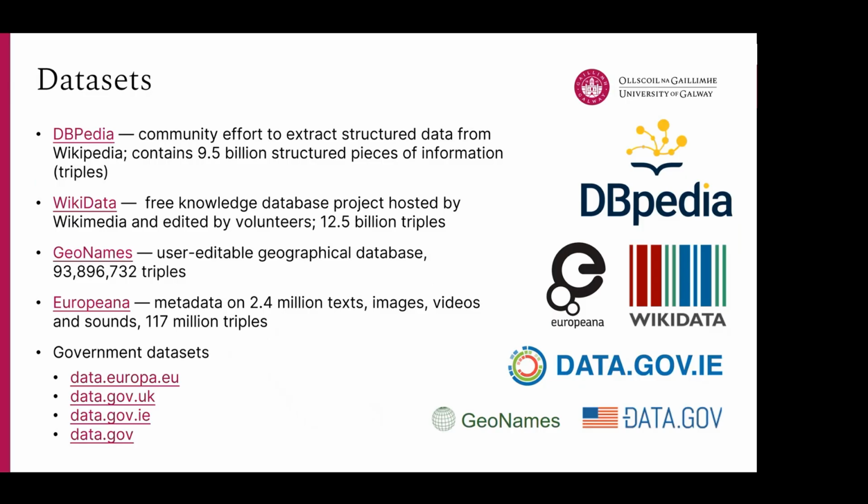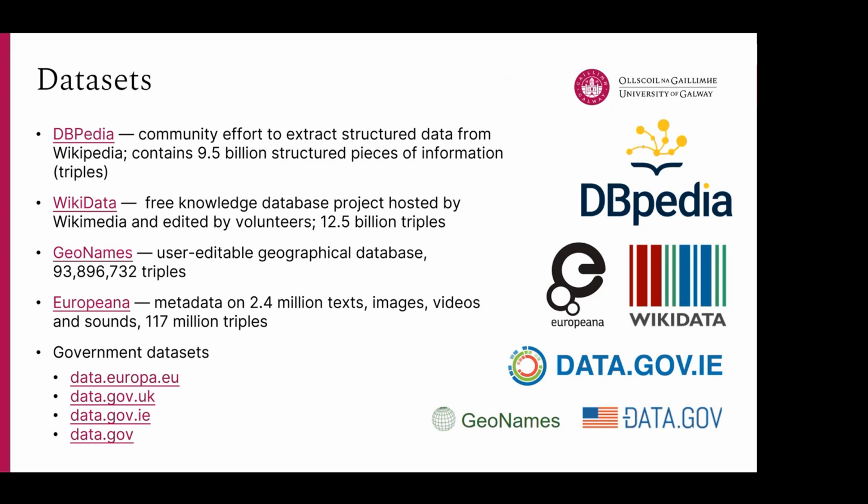So a few important data sets of linked data are, first of all, DBpedia and Wikidata, which are both community-based efforts to extract structured data from Wikipedia. Just Wikidata is managed by Wikimedia Foundation, and DBpedia is a different initiative.